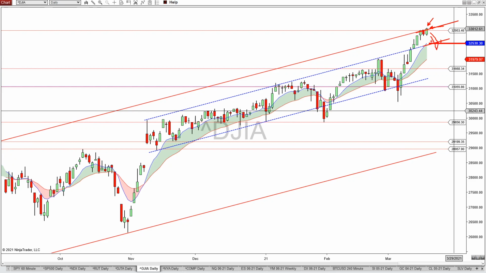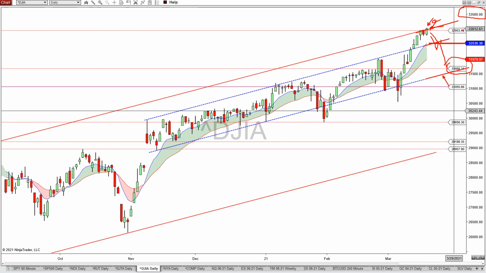And if it can hold above this trend line, then I'd be looking for a possible move of coming back down to somewhere around this 31,680, and that would be in confluence with this lower channel trend line here on this intermediate trend line. So that's basically what I'd be watching. And if it continues to push higher, then be keeping an eye on this 33,500.